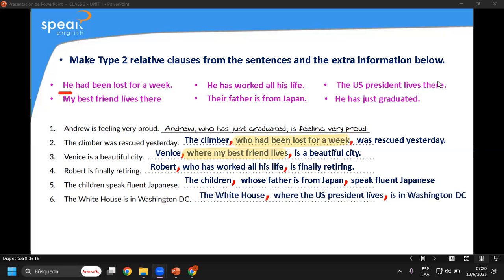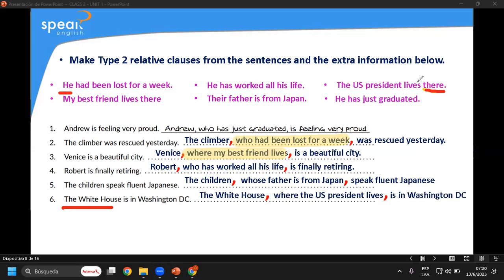Because remember that the US president lives there. Why is the word there no longer necessary in this sentence? Because we already mentioned the noun. So because we have the noun, the word there is not totally necessary. So look, in this scenario, guys, where the US president lives is just extra information.